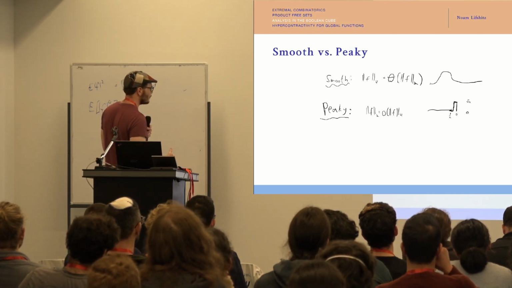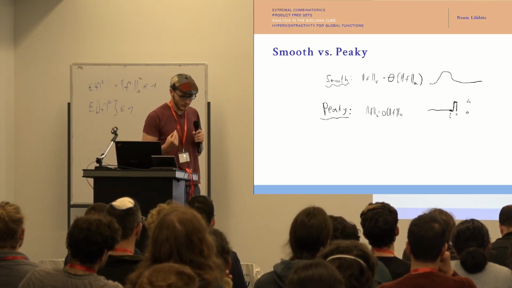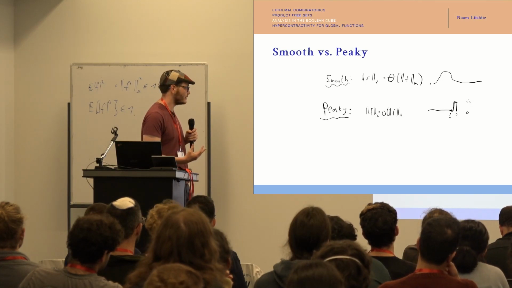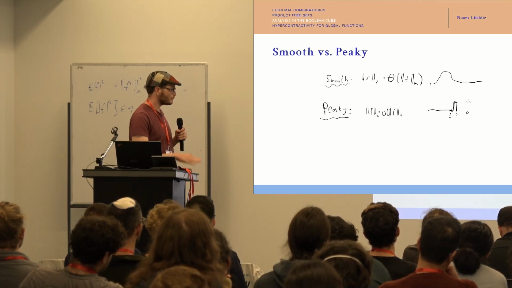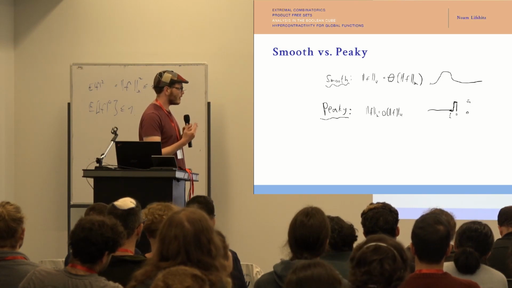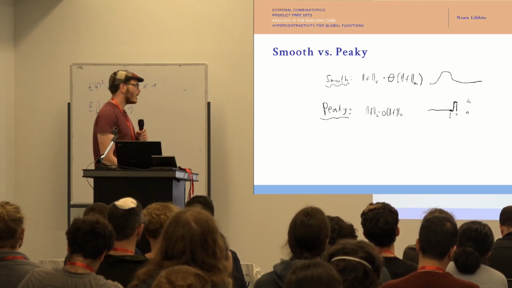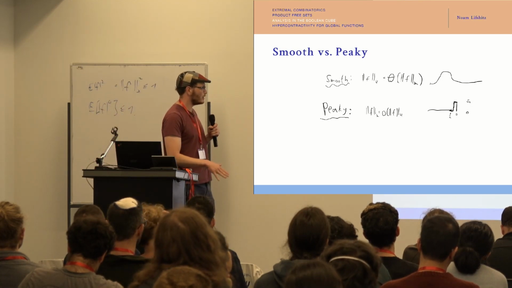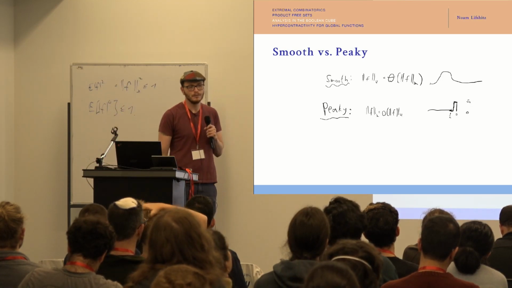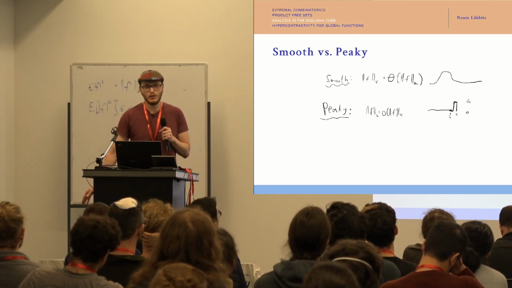Okay, so how do we think about hypercontractivity in more intuitive terms? We can think about two behaviors of random variables. One is the smooth behavior, when the 4 norm is within a constant of the 2 norm, like a Gaussian random variable or the dictator.